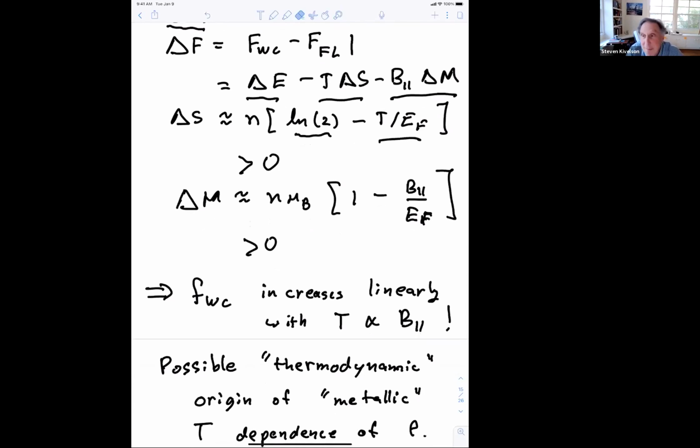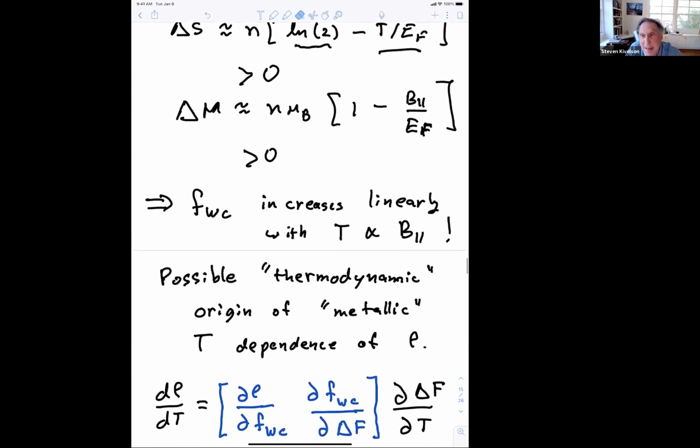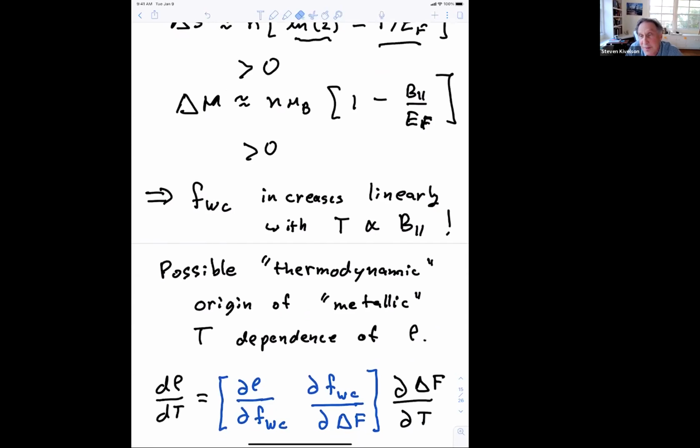Similarly, the magnetization density of the Wigner crystal in the presence of even a small magnetic field will be 1, whereas for the Fermi liquid, it will be of order B over EF. So what that means is that the fraction of the system that's going to be Wigner crystal is going to be a linearly increasing function of temperature or increasing function of applied magnetic field.